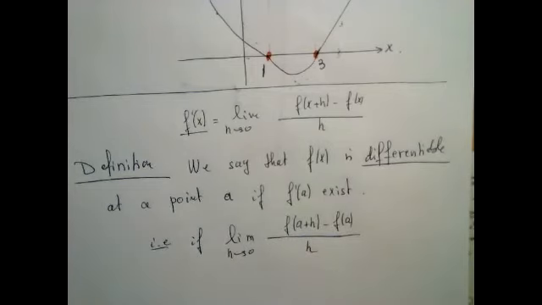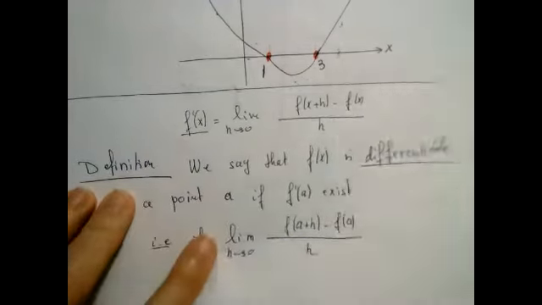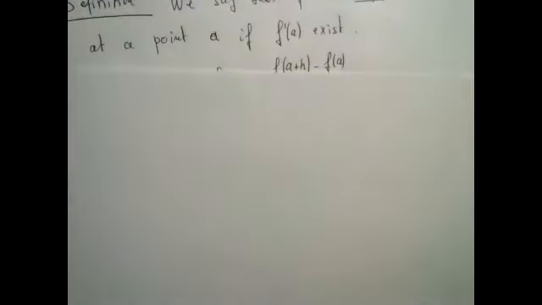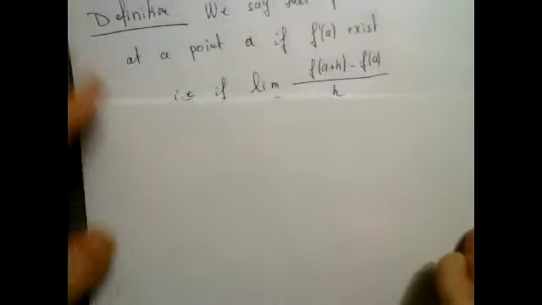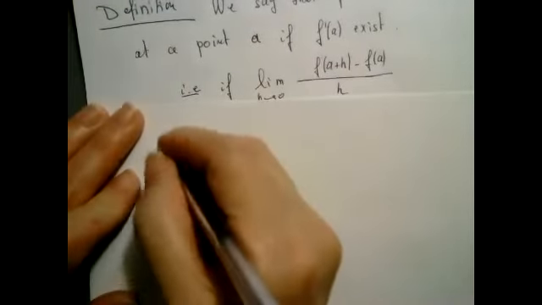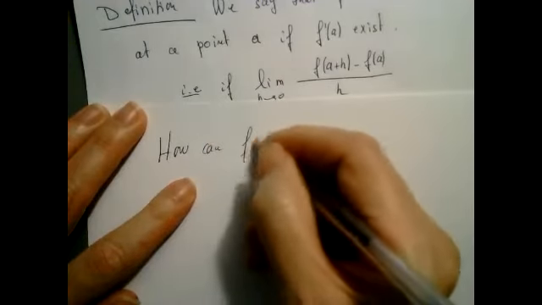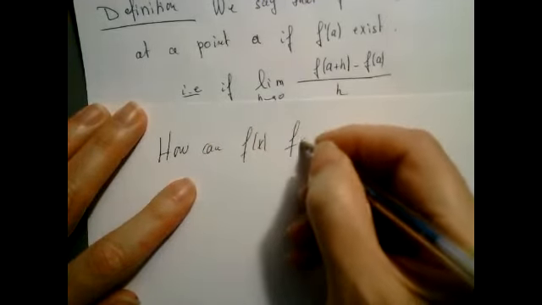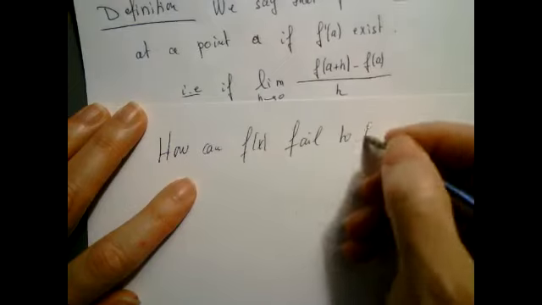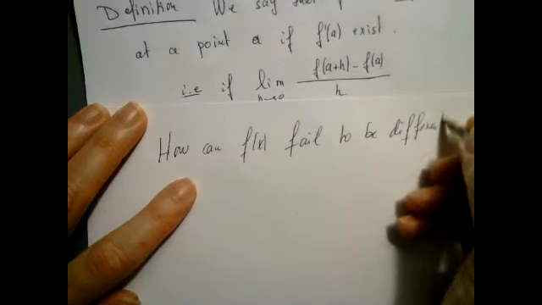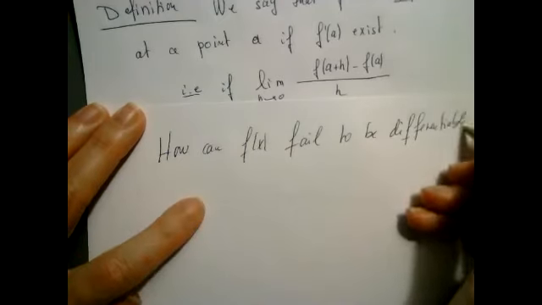That's the scenario we're going to talk a little bit about. So let us see how can this happen. How can a function fail to be differentiable? How can f of x fail to be differentiable at a point A?